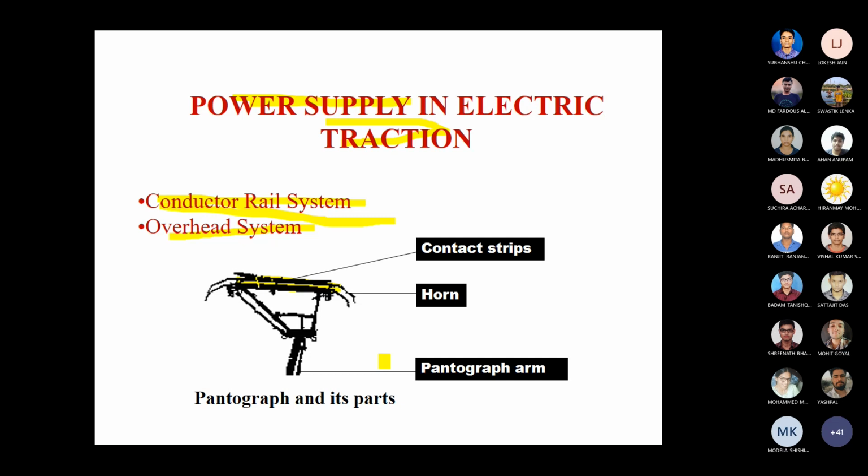Your pantograph can be moved up and down based on your application, based on your requirement. When you don't want to lift the pantograph, in the switch off condition, you can make it go down.